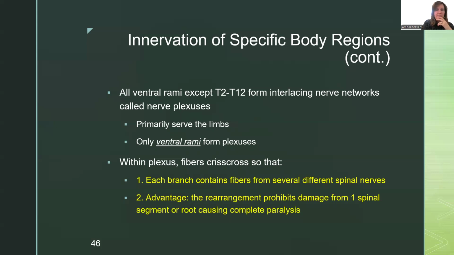The main plexuses include the cervical plexus, which serves the neck and diaphragm, the brachial plexus, which serves the upper limbs, the lumbar plexus, which serves the lower abdomen and anterior thigh, and the sacral plexus, which serves the buttocks, legs, and pelvis. These plexuses ensure that our body regions are innervated efficiently and they provide backup pathways in case of nerve damage.